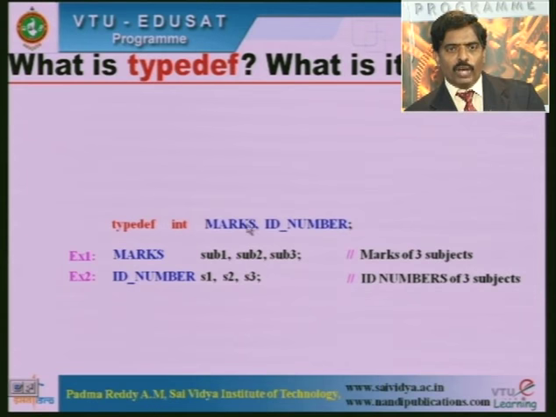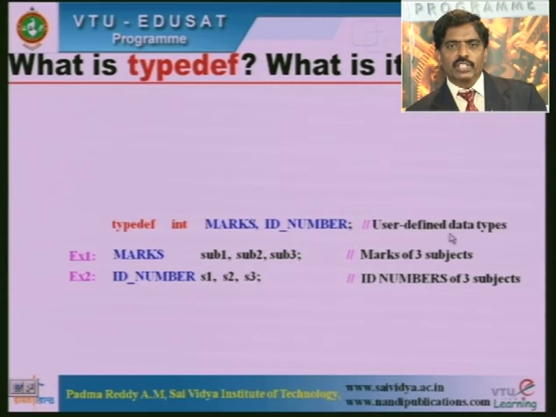So here wherever marks are there and wherever ID number is there, it will be replaced with int. Now here marks and ID number, we call them as user defined data types. So user defined data types such as marks, ID number can be obtained using the keyword typedef.